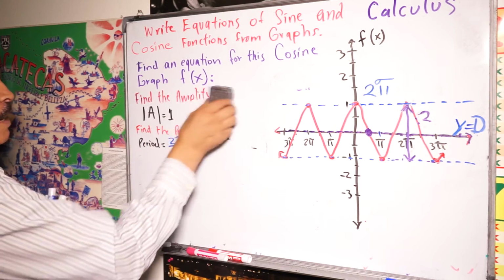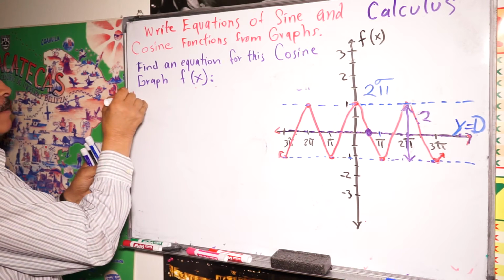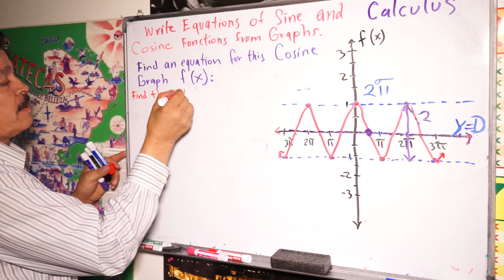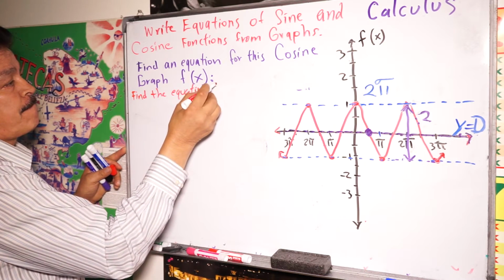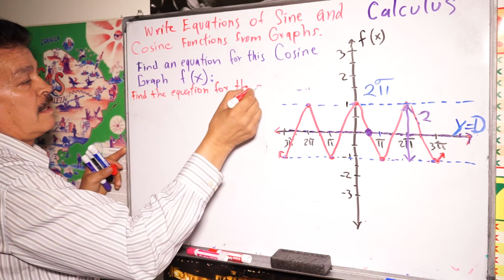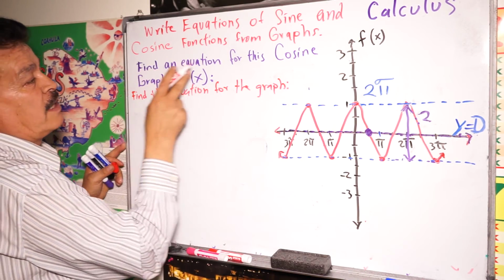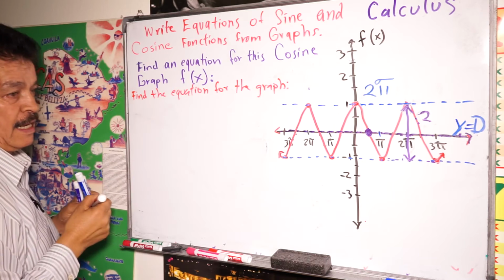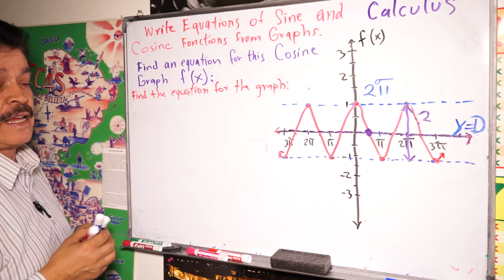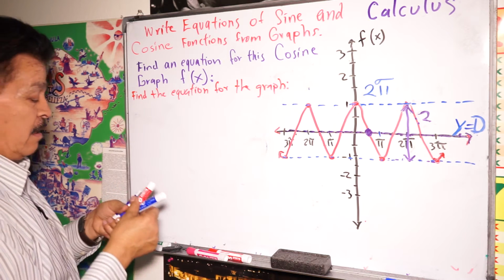Let me erase because I don't have enough space here. That's the last step, because this is the question: find an equation for this cosine graph. So use the amplitude and period, and find the numbers A and B for the equation. Okay, what is the equation?